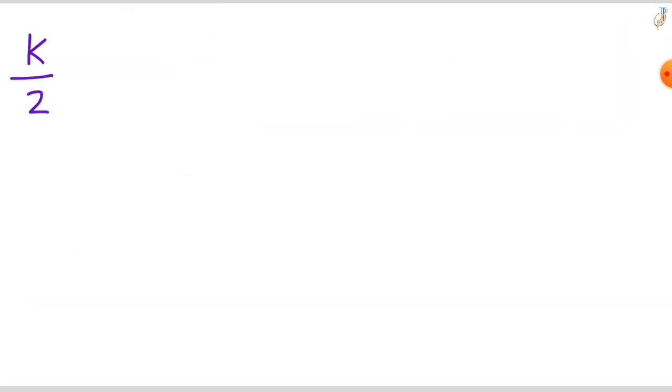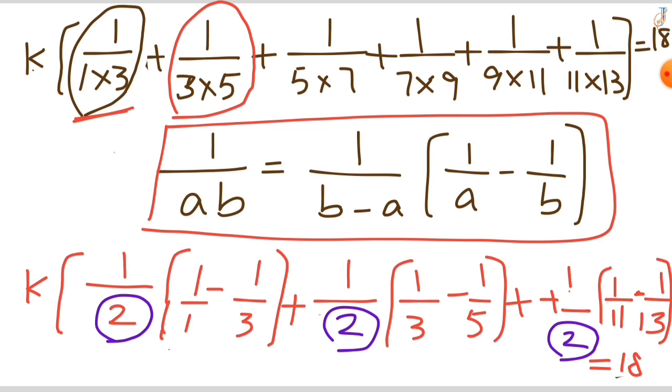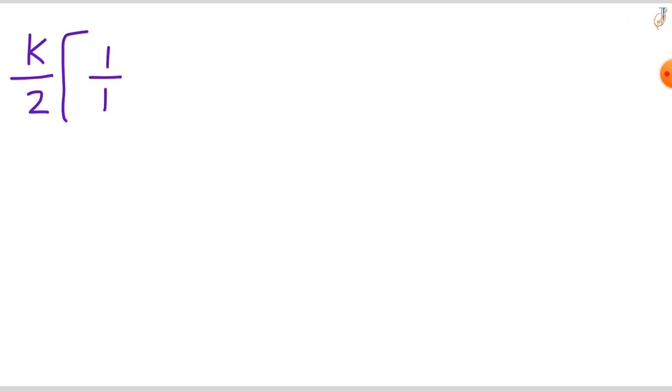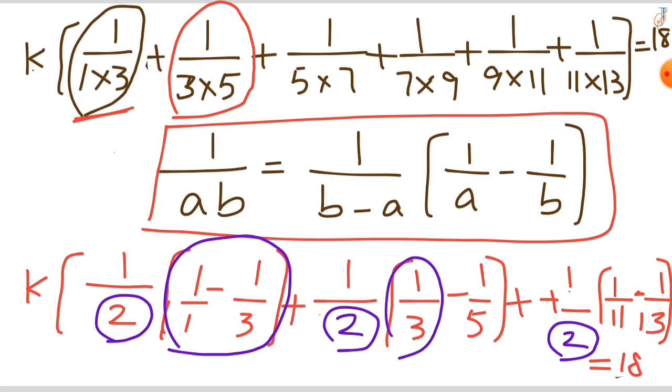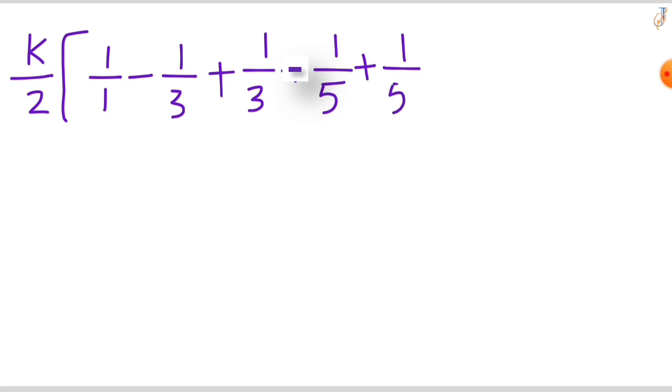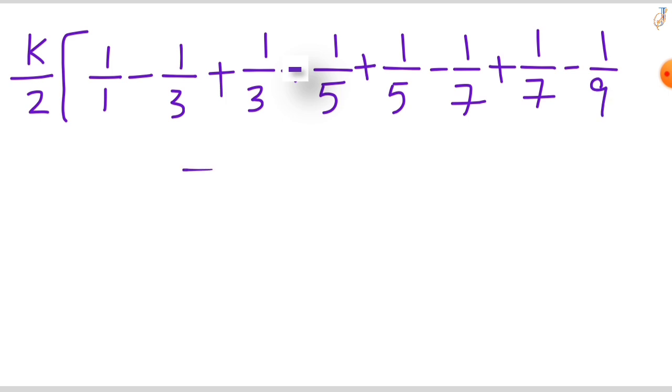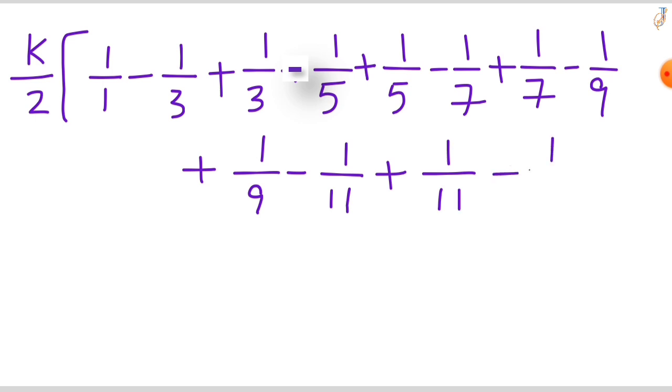K over 2 open brackets, and you are left with only these terms: 1 minus 1 over 3 plus 1 over 3 minus 1 over 5, then plus 1 over 5 minus 1 over 7, and plus 1 over 7 minus 1 over 9 plus 1 over 9 minus 1 over 11. The last term 1 over 11 minus 1 over 13, that is equal to 18.